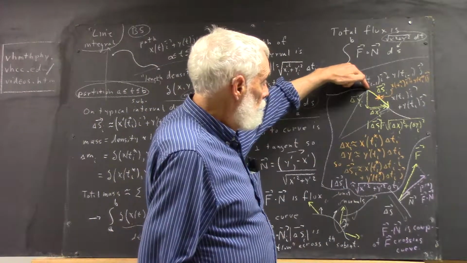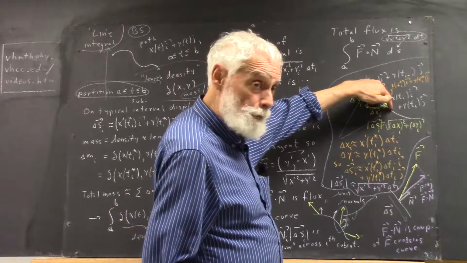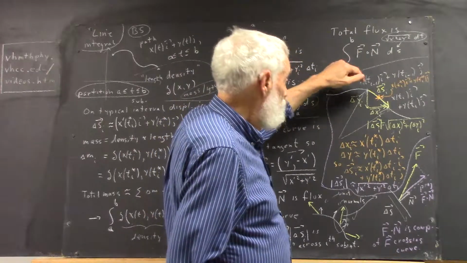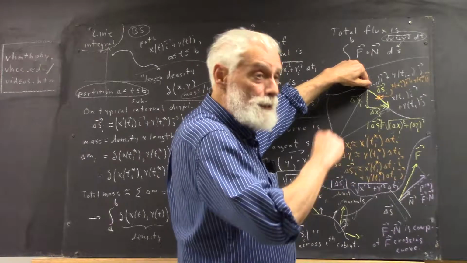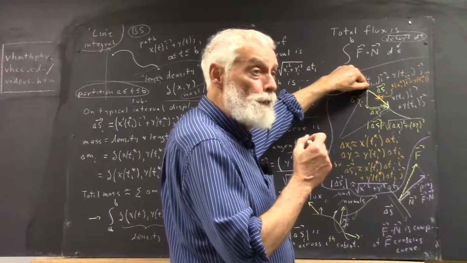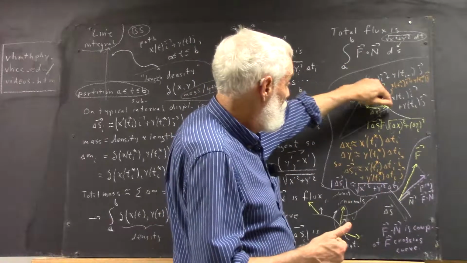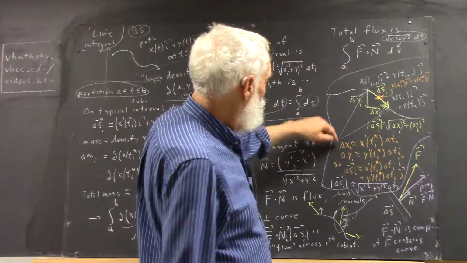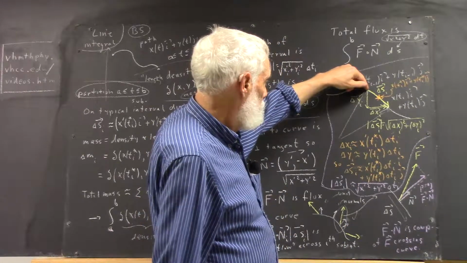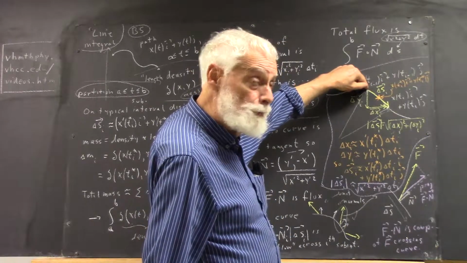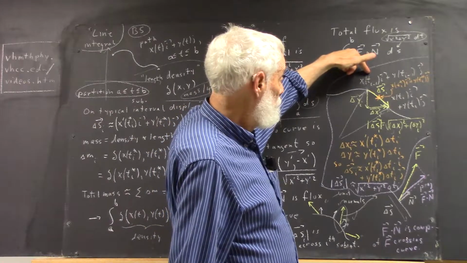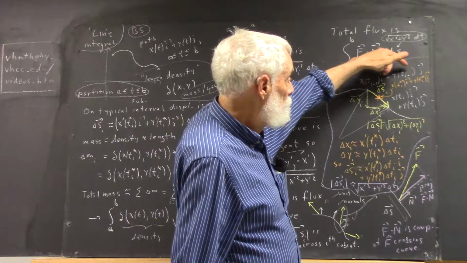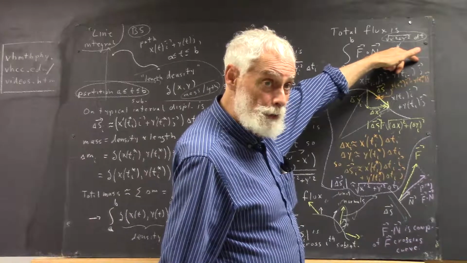So here is one end of the ith interval, here's the other end, or here's the position at one end of the ith interval of the parameter interval, and the other. This vector here would be the vector from the origin out to this point, which defines this point. That's x of t sub i minus 1 times i plus y of t sub i minus 1 times j.